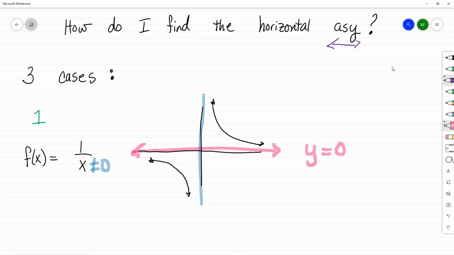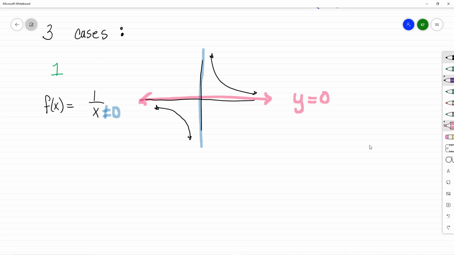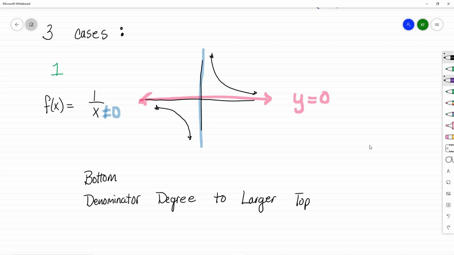because of the following. And every problem like this that has this property works this way. So if the bottom power, bottom meaning the denominator, right, the degree, so the highest power on the bottom, if the denominator degree is larger than the top, which is the numerator, it will always be the case that the horizontal asymptote will be found at y equals 0.